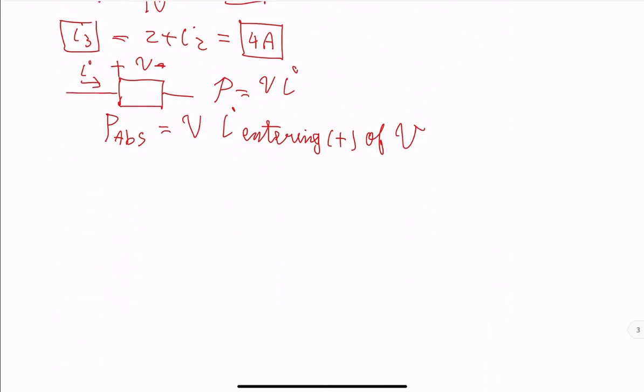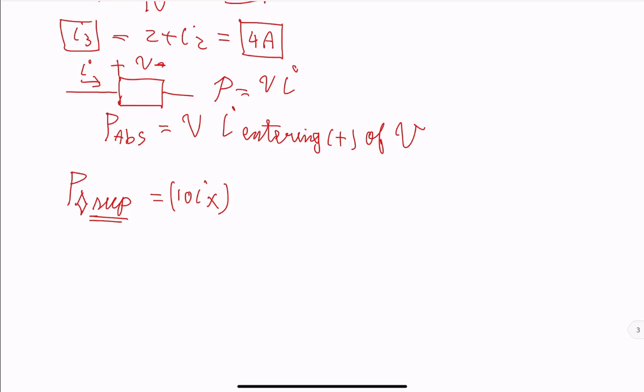So supplied power, and remember, when we say power, we are always referring to absorbed power, so make sure if you are computing supplied power, we write it there. Is voltage 10Ix times current leaving the positive terminal, I3 minus I1.